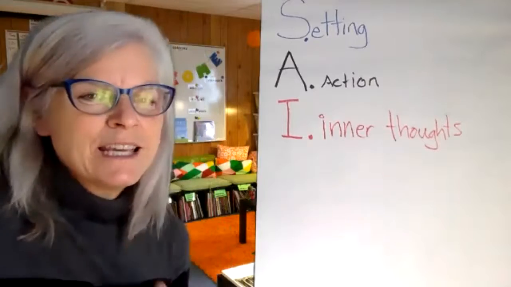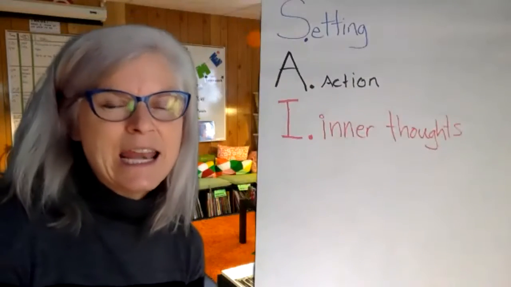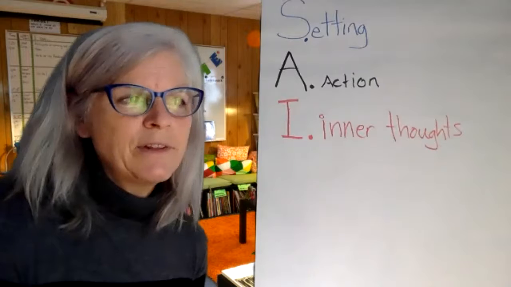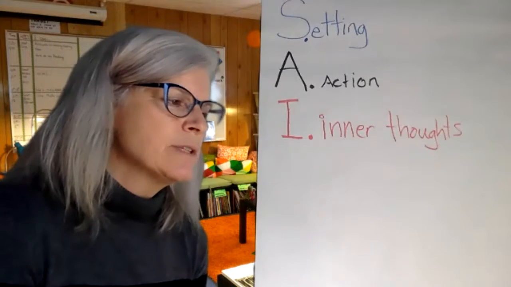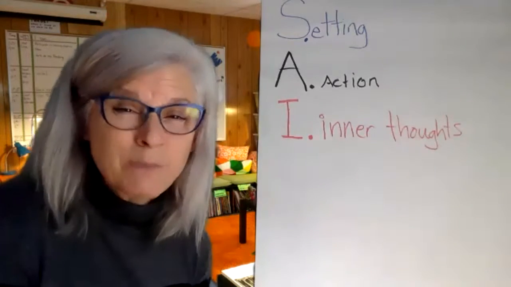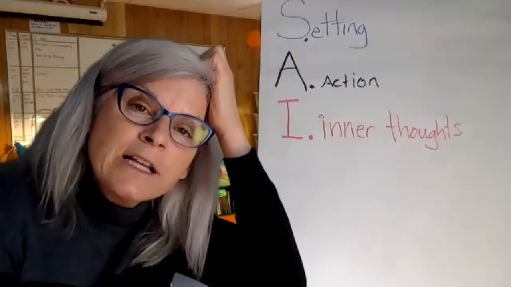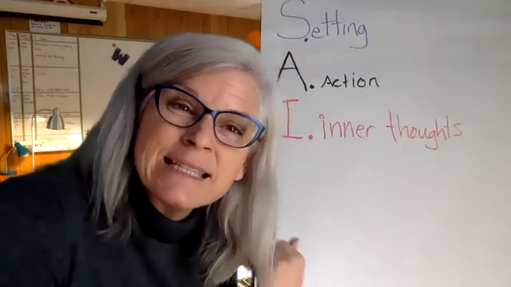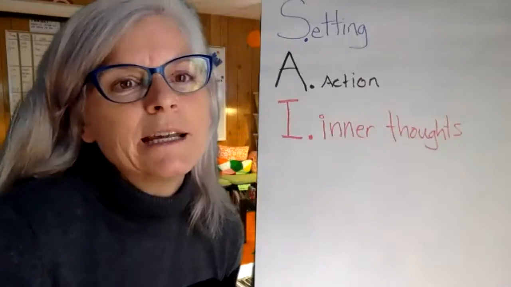All right, friends. The last letter of S-A-I-D is, like I said, stories have a lot of things in them that are good. One of the things that kids will do sometimes when they're writing a story is they're smart and they know that they need to include things people said. But instead of including exactly what somebody said, they might say, Ms. Laws told us how to write a story.